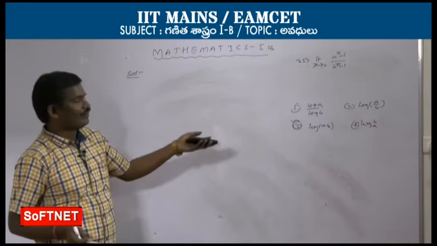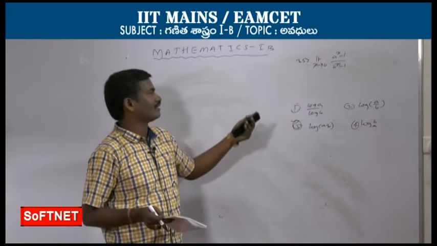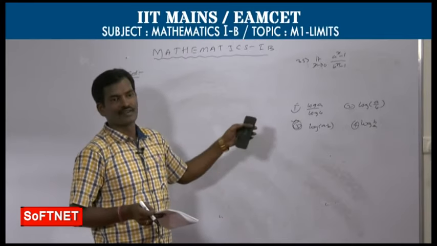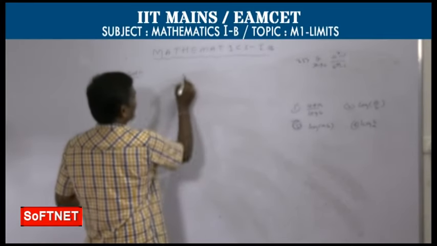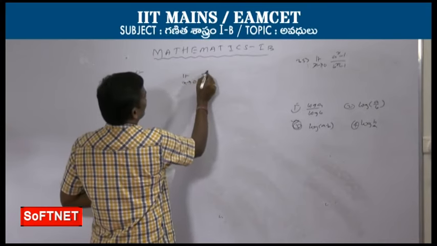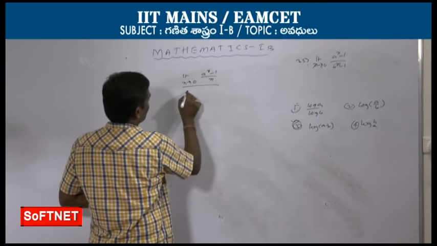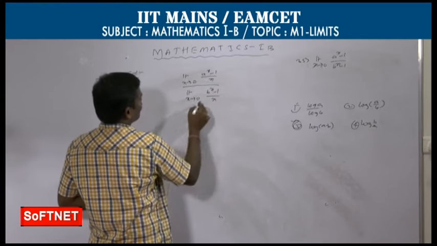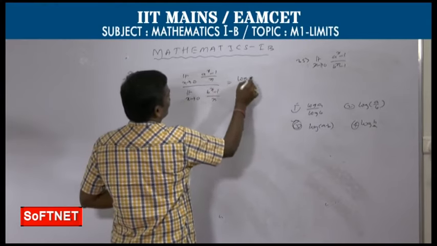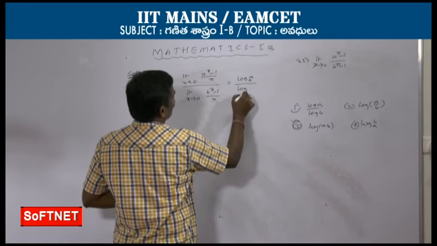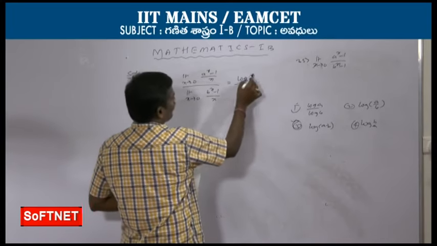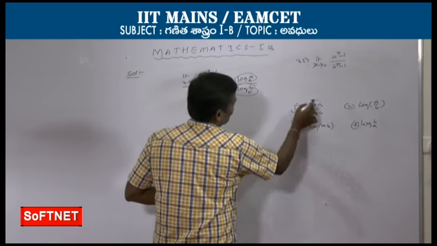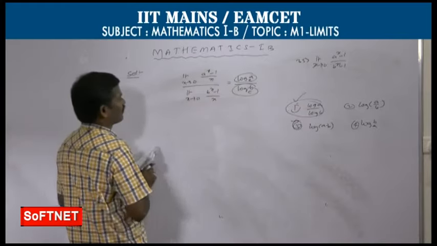So here divide the numerator and denominator by x, and you will get the standard form, that is a power x minus 1 by x. So limit as x tends to 0 of a power x minus 1 by x, by limit as x tends to 0 of b power x minus 1 by x. So this answer is log a to the base e by log b to the base e. So log a by log b. So the answer is the first option.